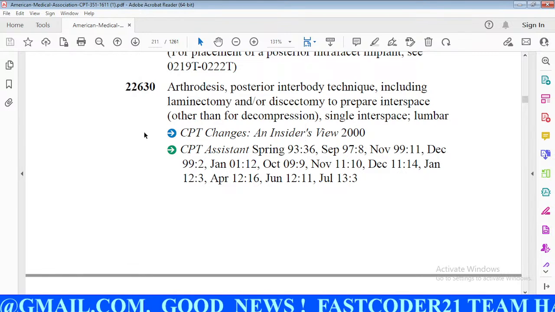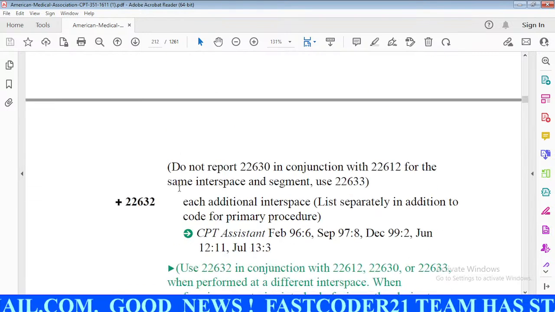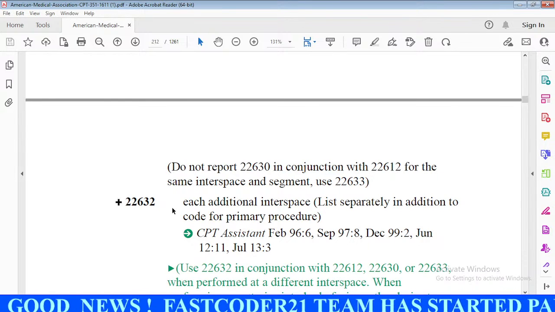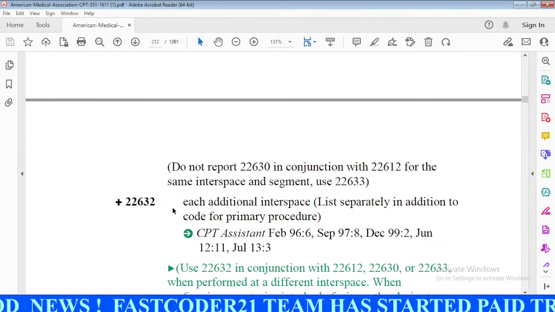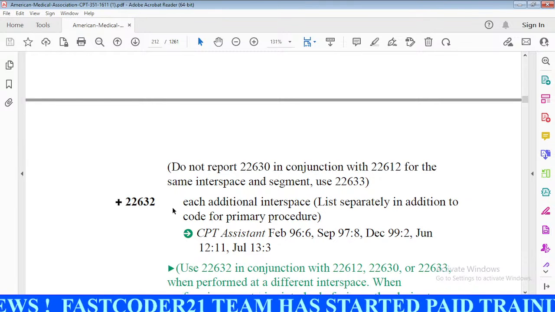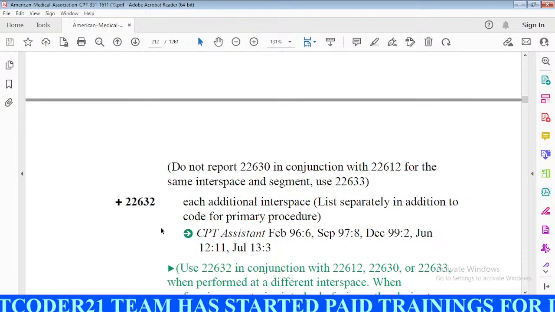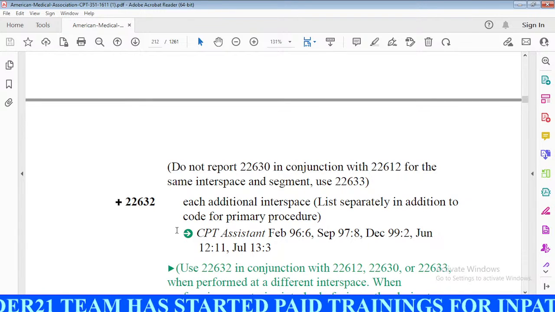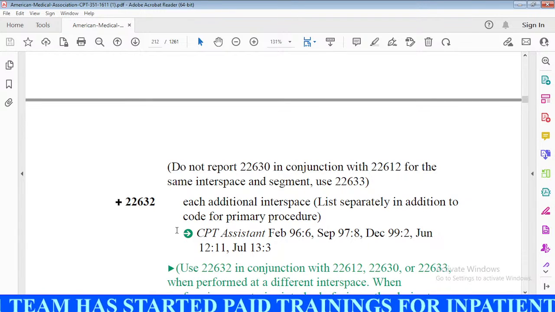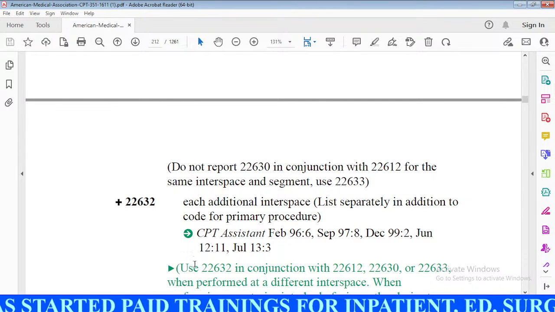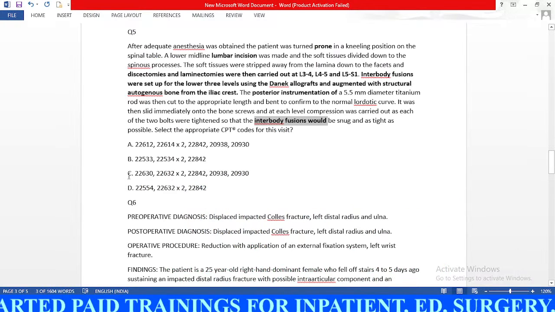For the first interspace we will code 22630. For the second and third interspaces we will code 22632 times 2. Based on the client requirement, you may code 22632, 22632 separately. It is basically client requirement. But in the CPC exam you can directly code 22632 times 2. Because of this, our answer is C here.